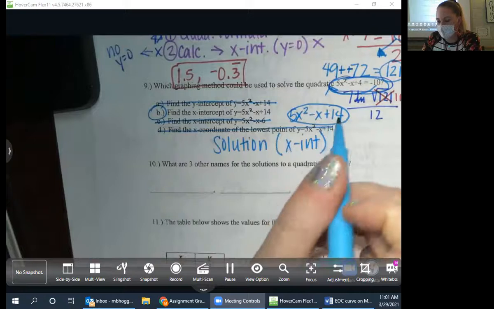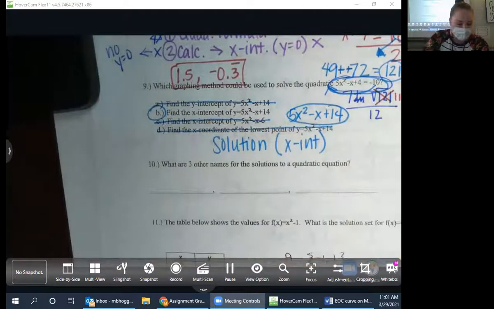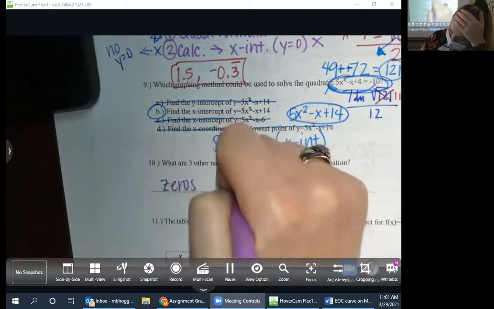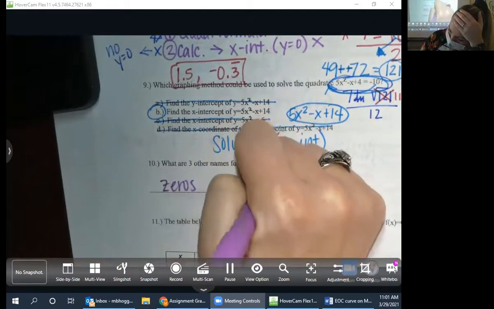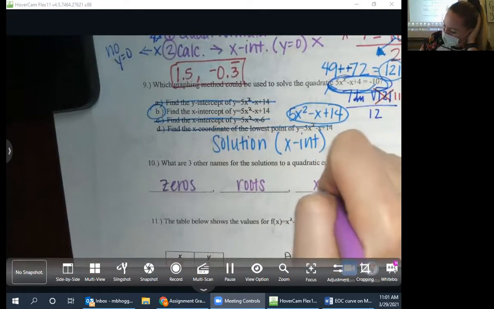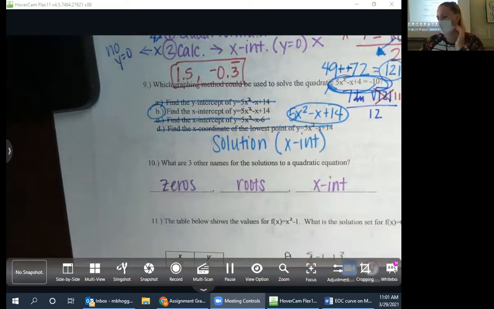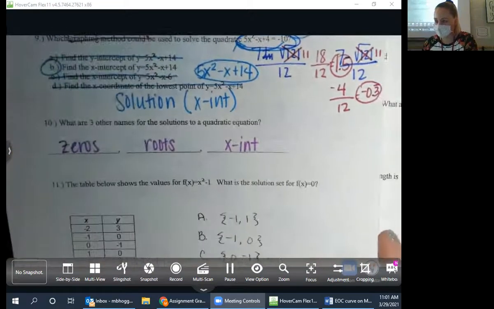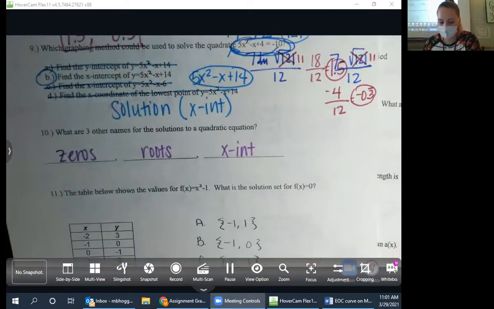It's the x-intercept, B. All right, I've told you this a million times. What are the other 3 words that mean solutions? Zeros. Roots. Remember that? Or x-intercepts. Zeros, roots, x-intercepts.